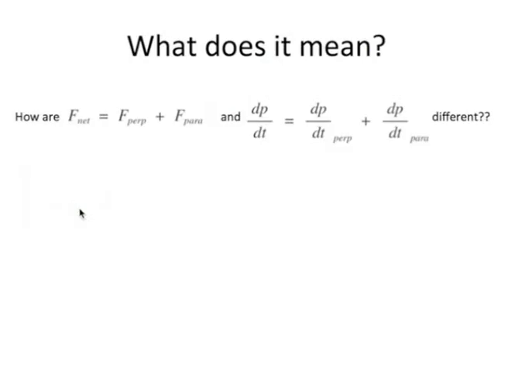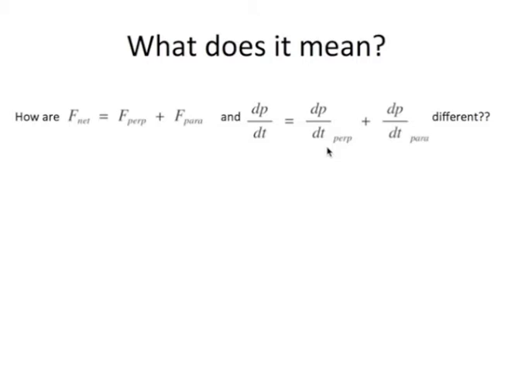Now let's address the questions. First, what does it mean? How are f net, f perpendicular, and f parallel different to dp dt, dp dt perpendicular, and dp dt parallel? So while these values are equal to each other, that is, f net is equal to dp dt, and f perpendicular and dp dt perpendicular are equal to each other and parallel as well, they're calculated differently.